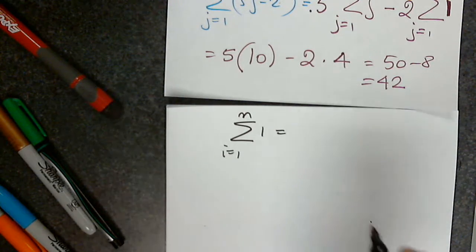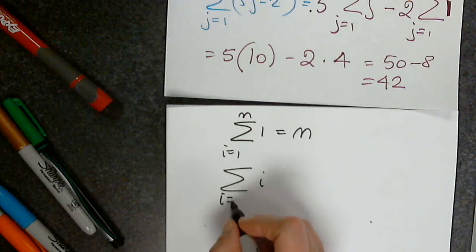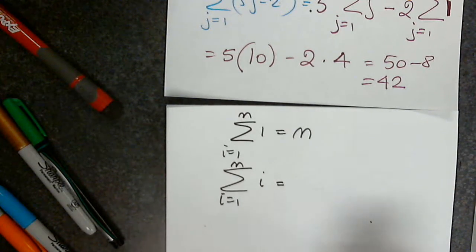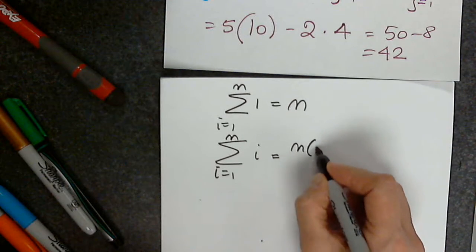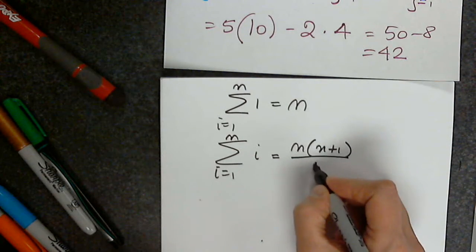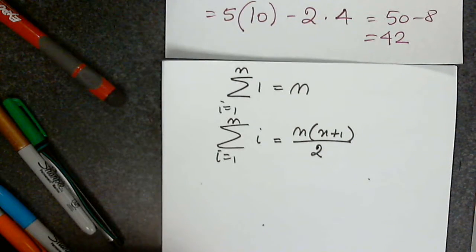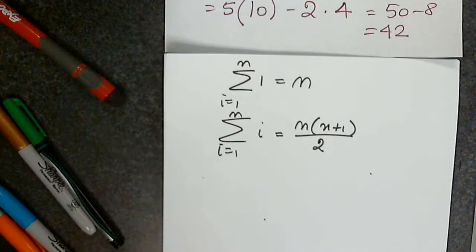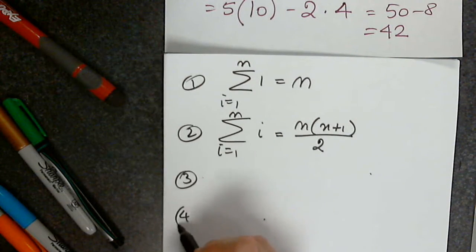Very good. Now the sum of i from i equals 1 through n, we can prove any of the next three if you want, is n plus 1 divided by 2. And yes, we have to remember this one. All these four have to be remembered. 1, 2, 3, and 4.